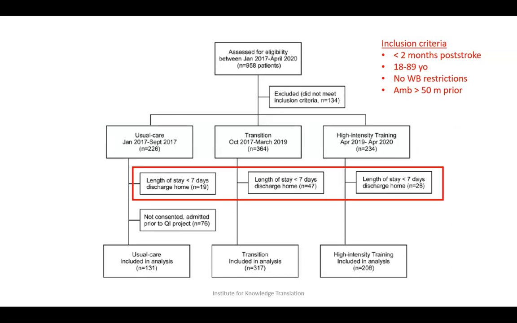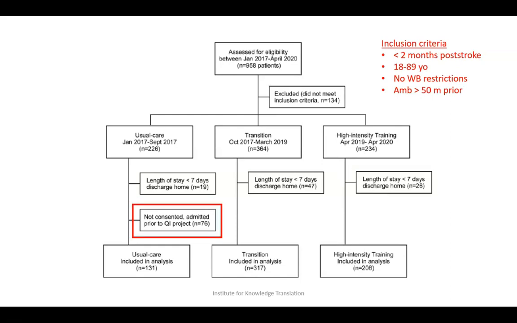The one other thing that got people excluded from the analysis across all 3 of the phases: we decided that if patients had lengths of stay of less than a week and specifically discharged home, that meant that they weren't appropriate candidates for inpatient rehab. If the individuals had lengths of stay less than a week and, say, returned to acute care, those individuals' data were still included. So it had to be both the short length of stay and specifically discharging home.